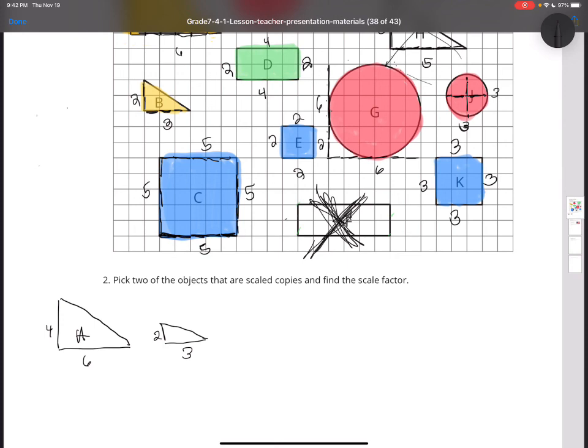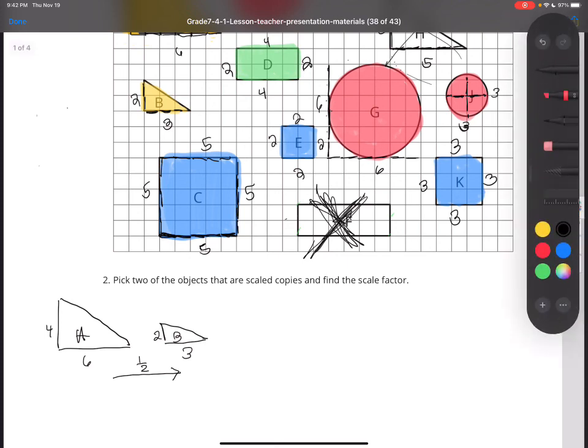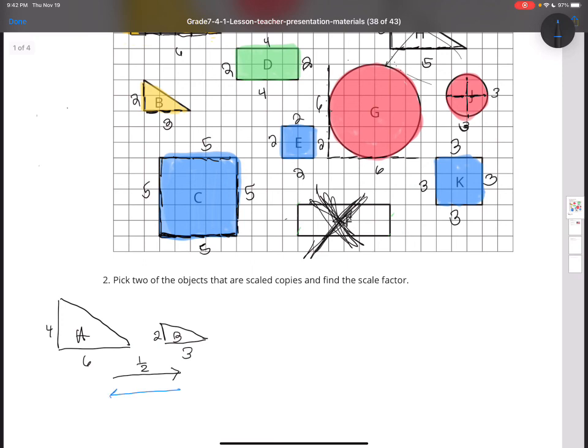So going from this way to this way, the scale factor would be 1/2 because the figure got smaller. But if we would go this way, and I'm going to write that in blue, and let B be the original figure, the scale factor would be 2. The scale factor would be 2.